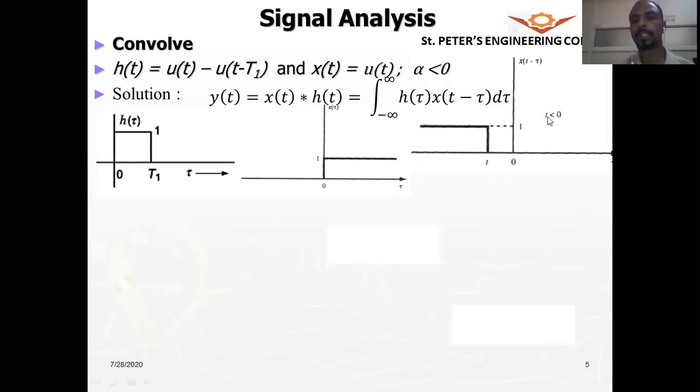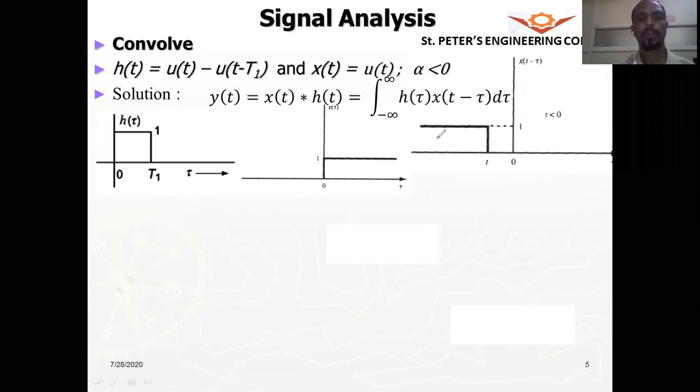So when t is less than 0, for your understanding, I will draw here on the h of tau itself. This is my signal x of t minus tau, and there is no overlap. Therefore, the integral will be 0, just like the previous problem.